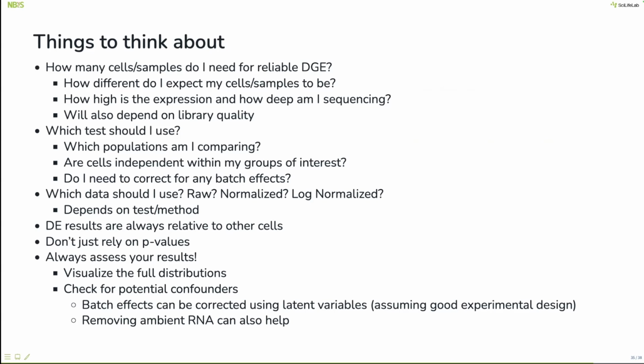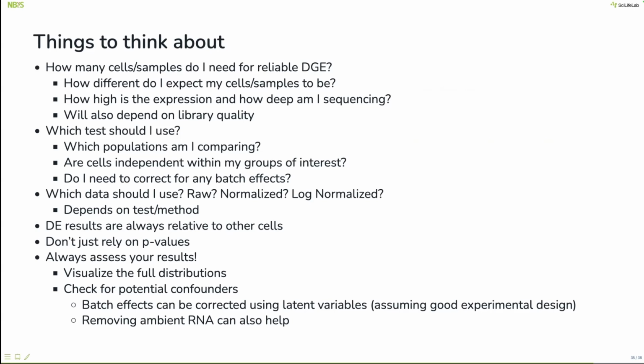Never just rely on the p-values. Always look at what the actual effect is, and then always assess your results. So visualize full distributions, especially if you want to claim that specific genes are differentially expressed. If you're using a specific result for further study, then always visualize it and check for potential confounders. So this is again going back and forth between your QC and your batch effects.